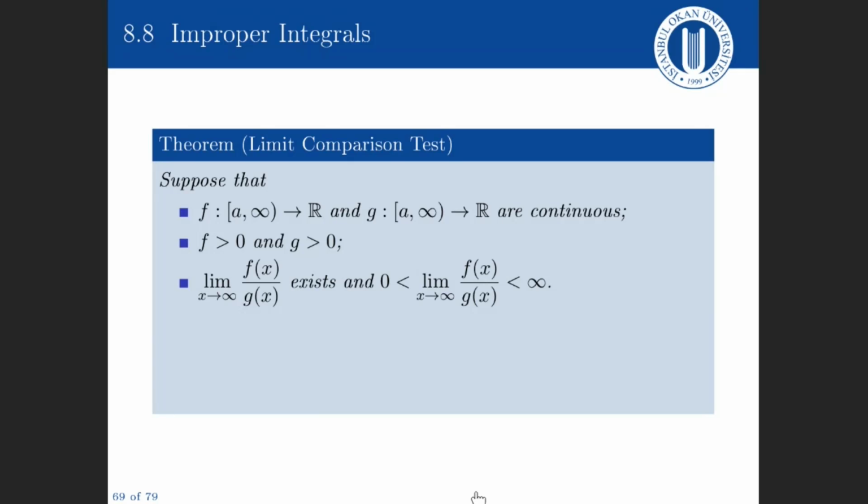The key condition here is that the limit of f divided by g exists, and this is a finite number which is strictly between 0 and infinity. Doesn't matter what the value is, as long as it's between 0 and infinity. Then the conclusion is these two integrals either both converge or they both diverge.